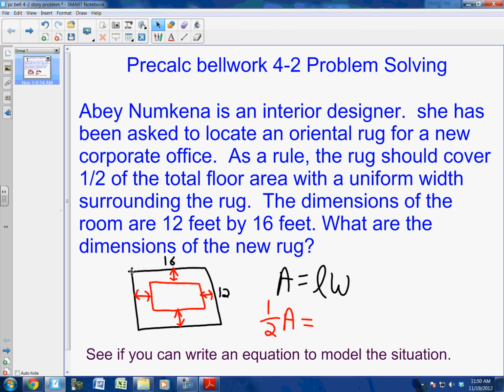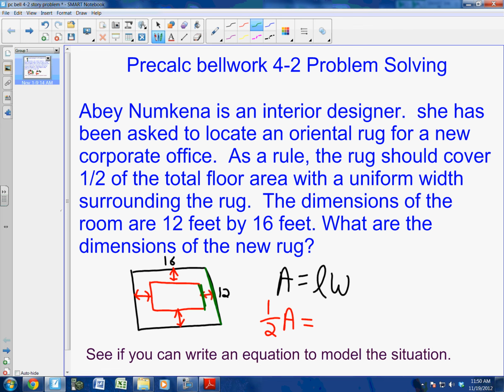How long is this length compared to this length? No, the area is 1/2. But do we know what the uniform width is, you guys? Do we know what our uniform width is? We don't know.